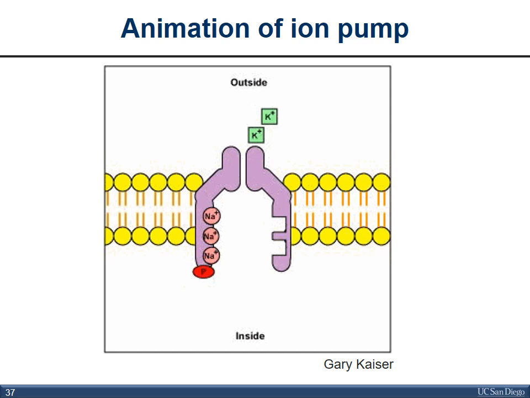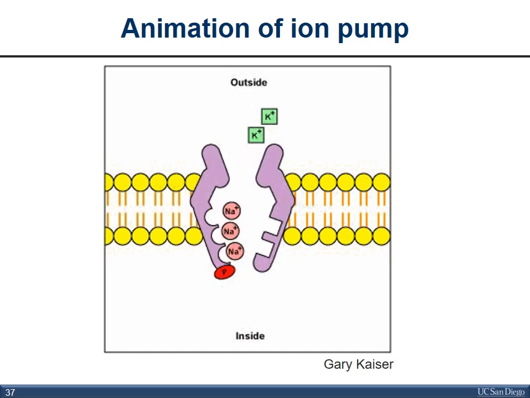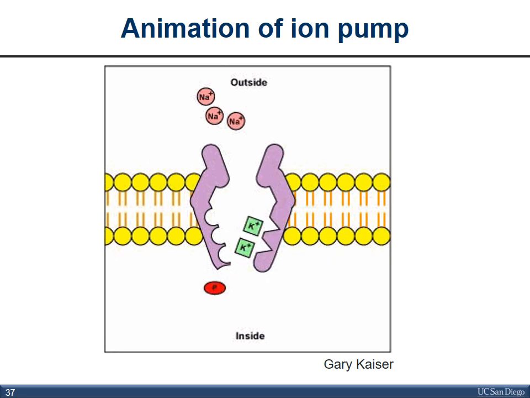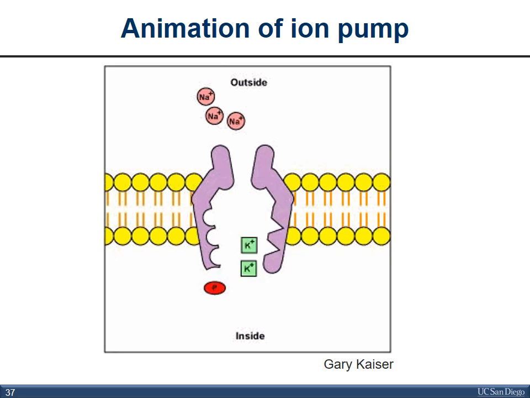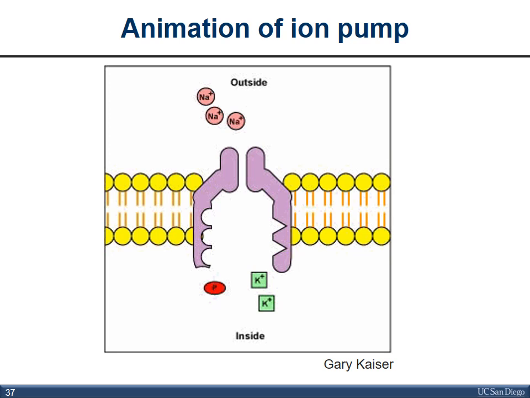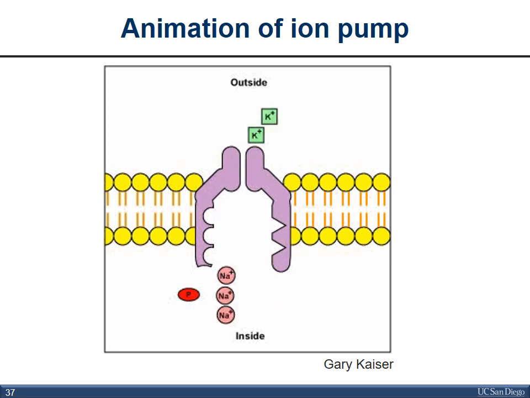We get a little bit of energy that ends up closing the pump so that the sodium ions can go out to the outside. Similarly, in order for the pump to reset back to its present state, it grabs some potassium ions and pushes that to the inside of the cell. So, I mean, this is a rough, crude cartoon of how this looks like, but I think you get the idea.